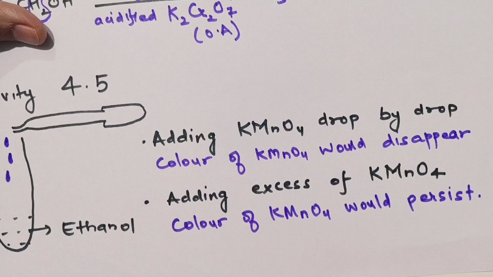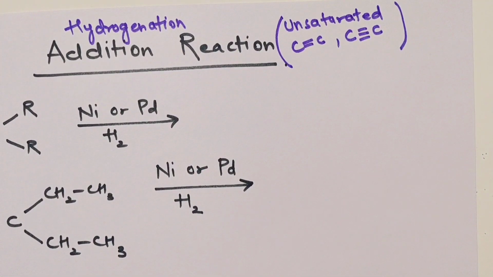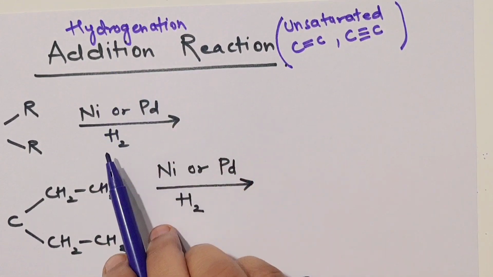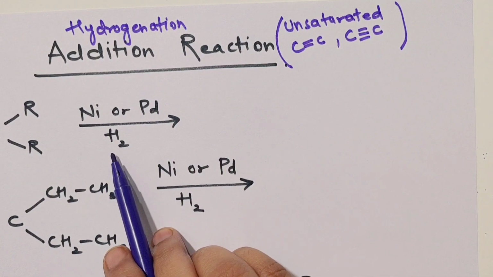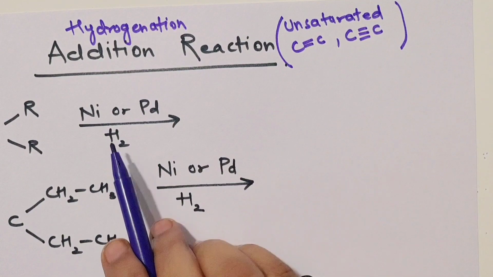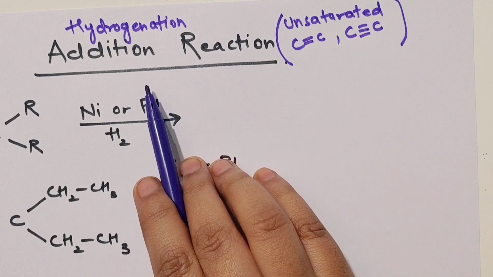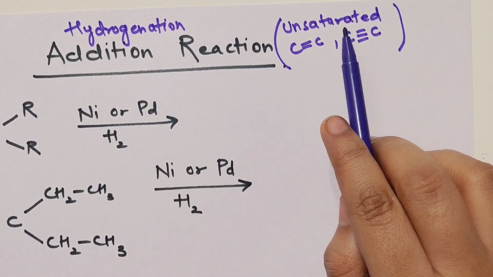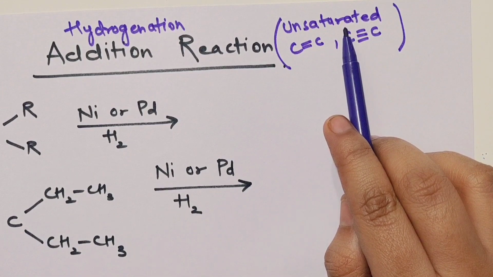Time for our next reaction, hydrogenation. Okay, let's now talk about addition reaction, which is also called hydrogenation reaction, especially when the thing that is being added is hydrogen. Now, the main thing about addition reaction is that it can only occur if you have unsaturated hydrocarbons.